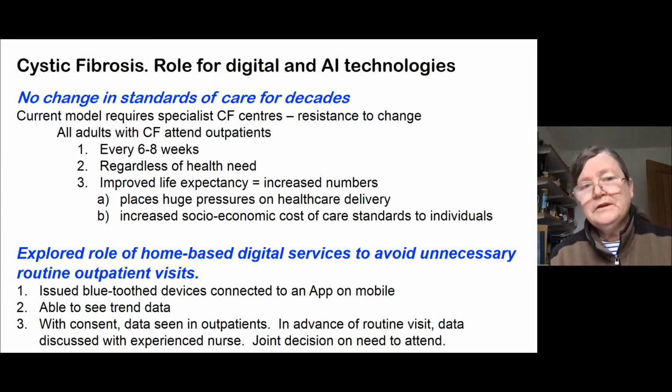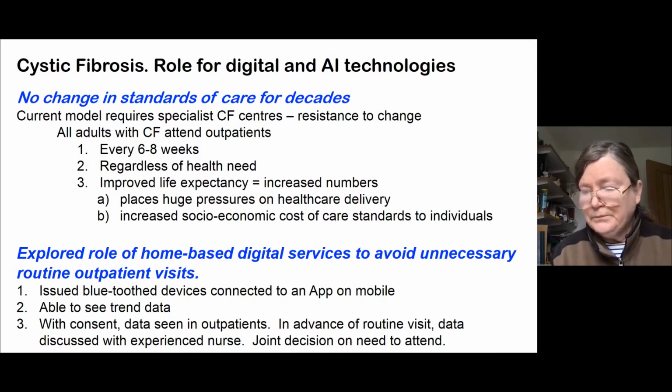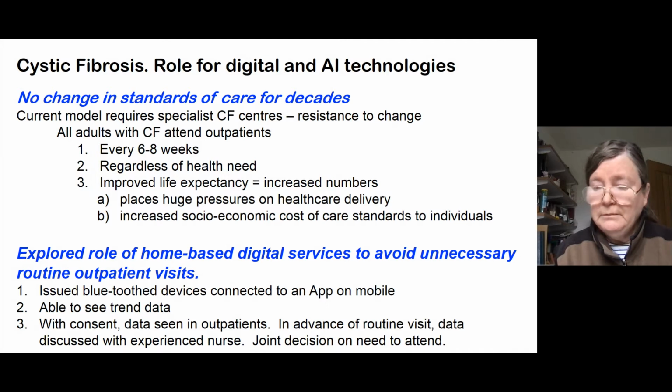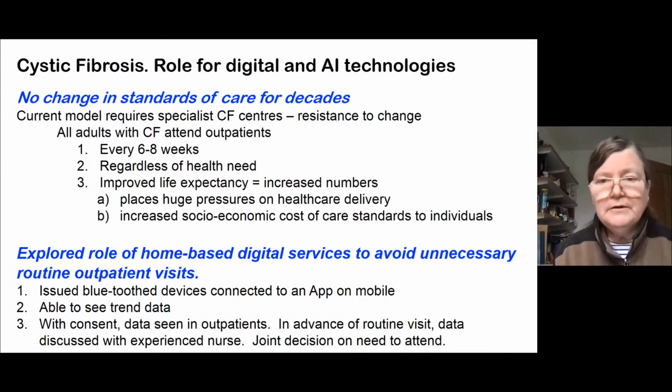Our first study was a feasibility study where we issued Bluetooth devices connected to an app on the mobile, and people were asked to record their data on a daily basis, if possible. The data they provided was lung function data, oximetry, weight, activity, and temperature. They also did a very simple wellness score, and we asked them to monitor their cough frequency.